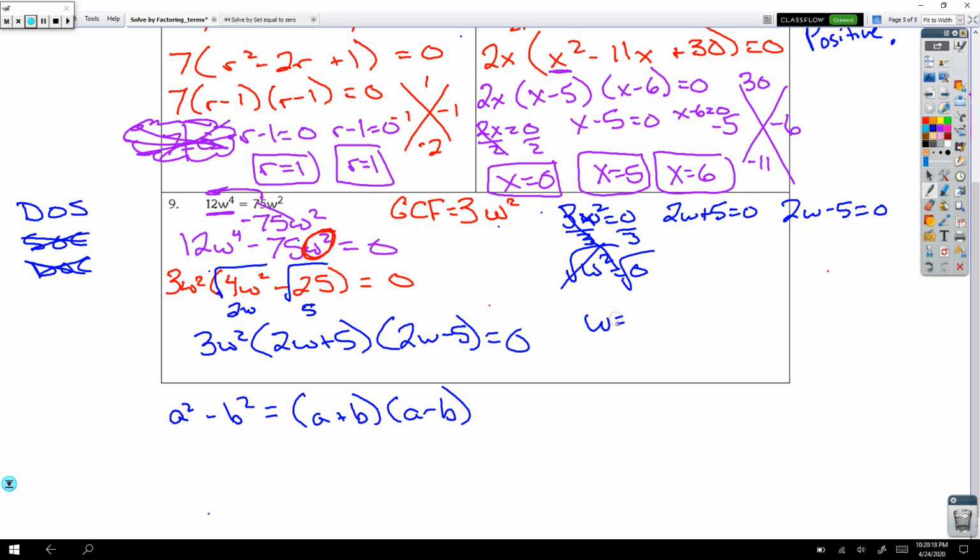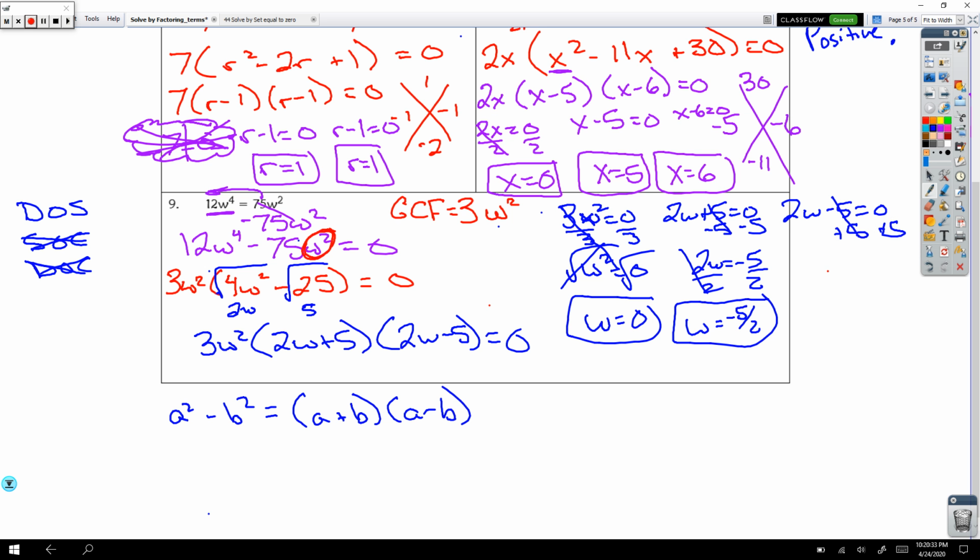So w would equal 0. Subtract the 5 and divide. Okay, add the 5 and divide by 2. And we're done.